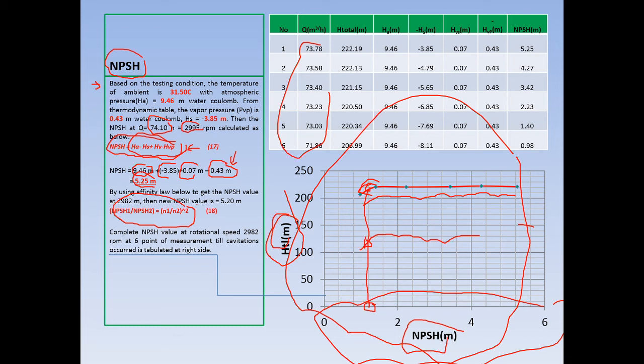That's a required one. But if you install your pump where the reservoir position is exactly 5.25 meters, that's now the remaining is only 0. So it means your pump will start cavitating. Why? It's very simple.